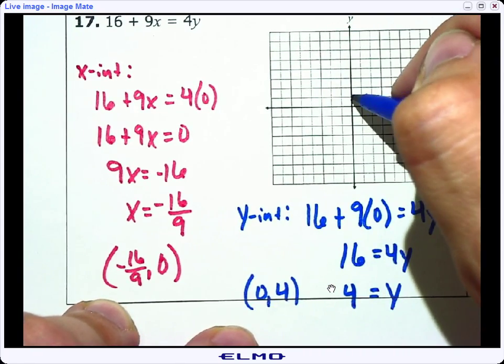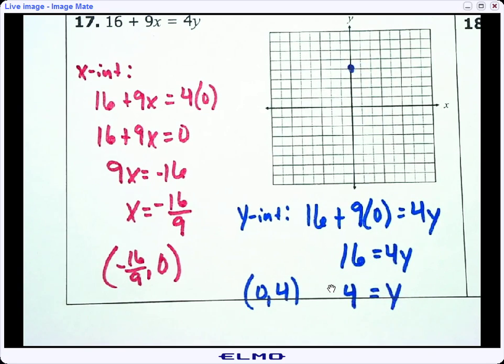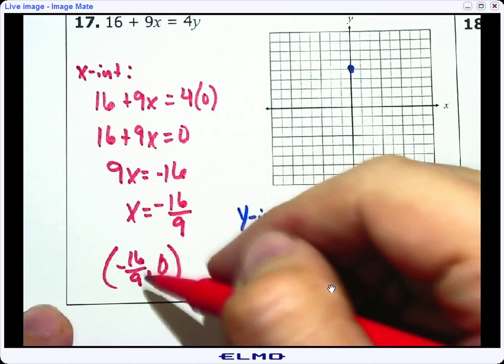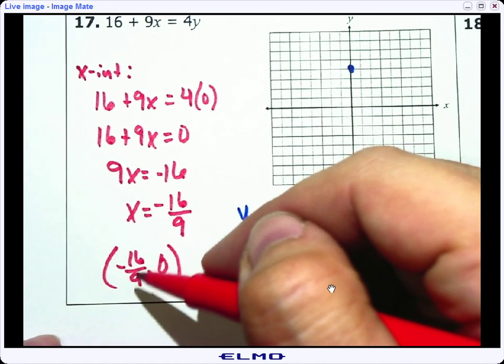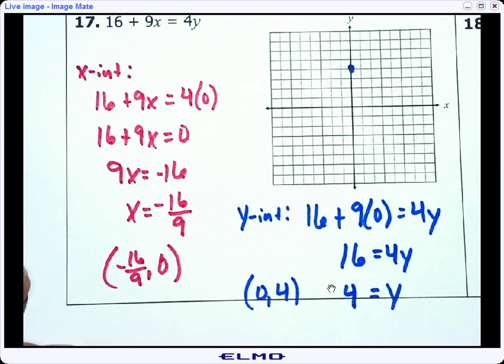So (0, 4), 1, 2, 3, 4 is there on the y-axis. -16 over 9. If that had been a -18, that would put me at -2. But it's less than, so it's going to be just shy of -2. So in between -2 and -1.